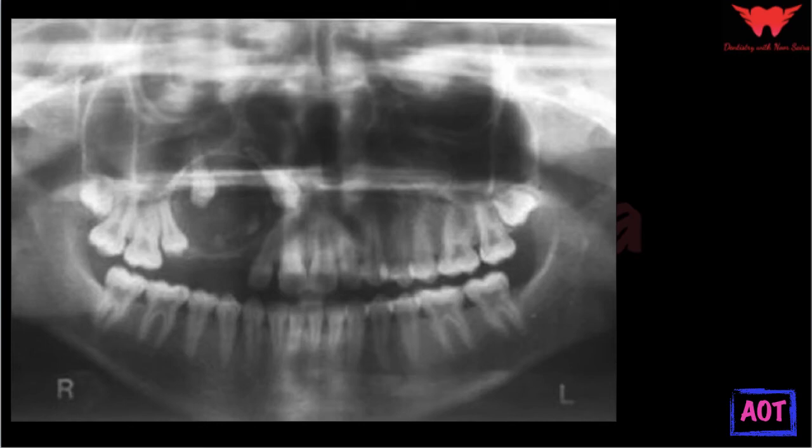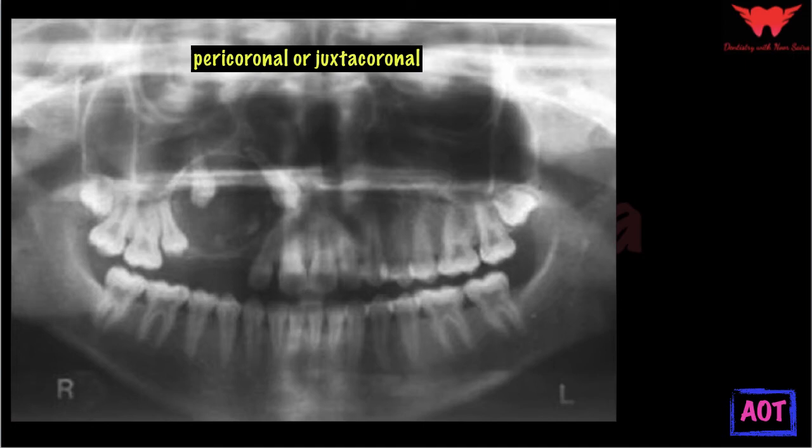Talking about the radiographic features, the central variety of adenomatoid odontogenic tumor presents as a well demarcated, almost always unilocular radiolucency that generally exhibits a smooth corticated border. One important thing you should remember is most lesions are pericoronal or juxtacoronal, but the radiolucency may extend apically beyond the cemento-enamel junction on at least one side of the root.